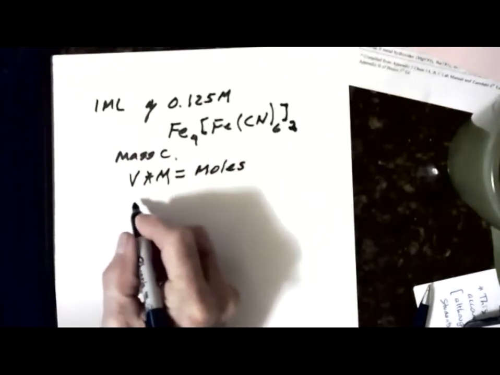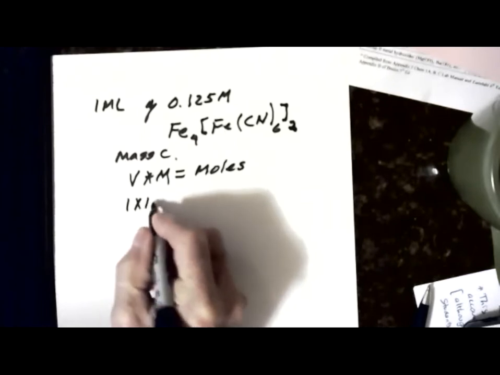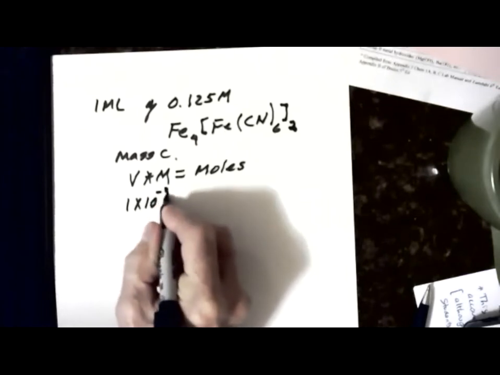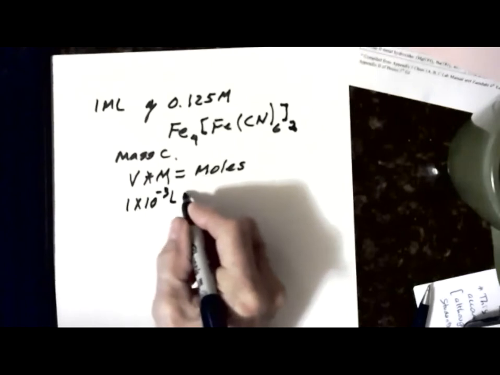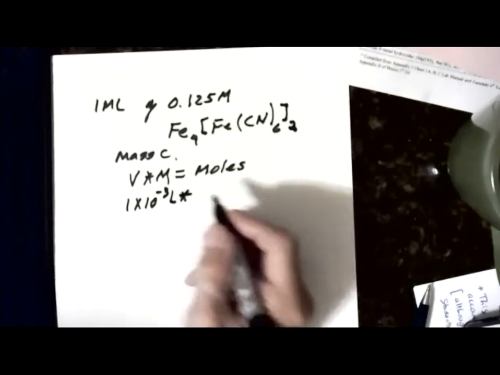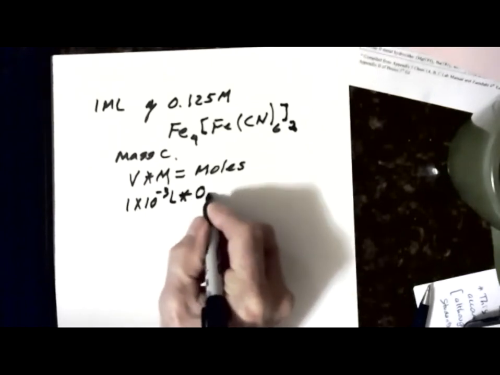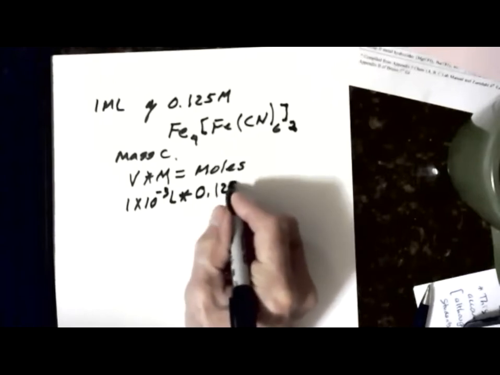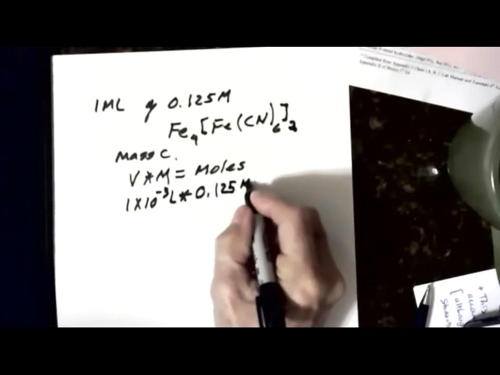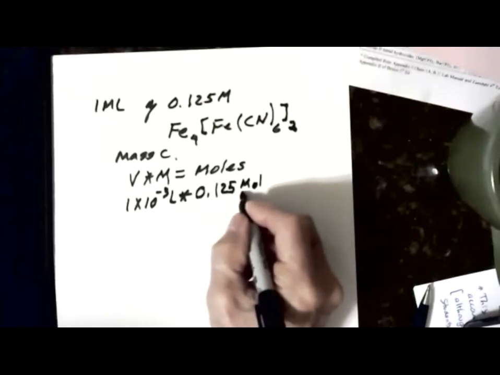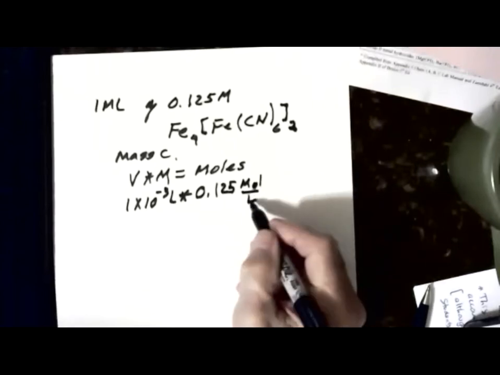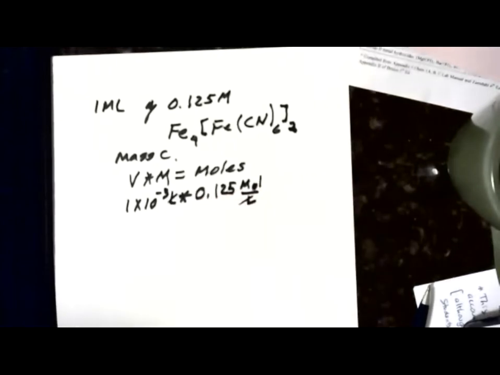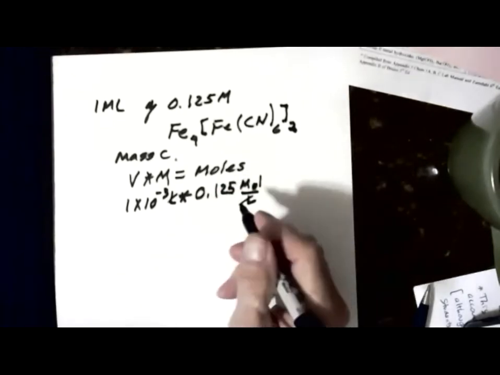If I have 1 milliliter, that is 1 times 10 to the minus third liters, and I'm multiplying that by the molarity, 0.125. That's going to be in moles of the compound per liter. Set up this way, the volumes cancel, and I'll have moles of compound.